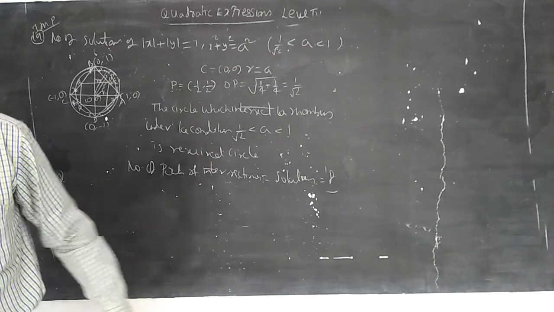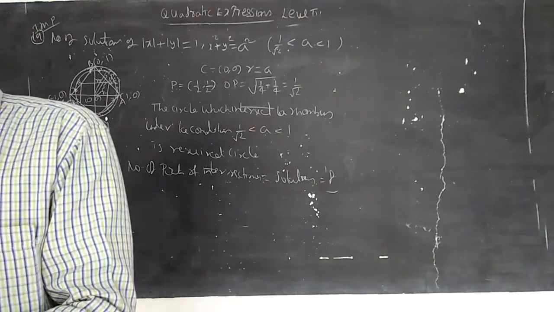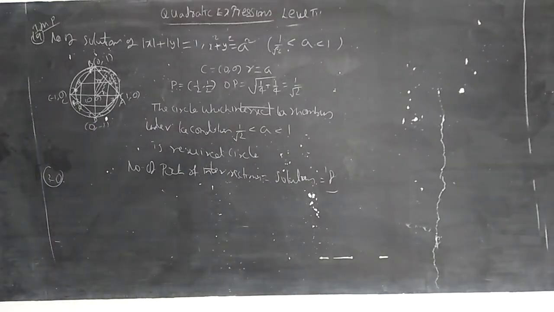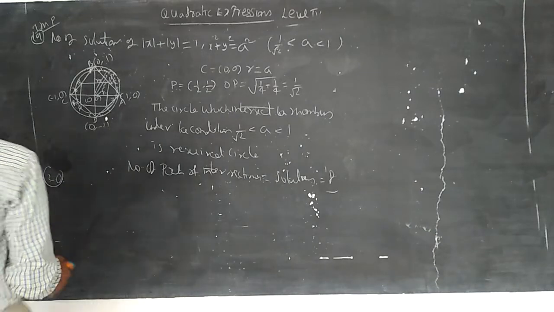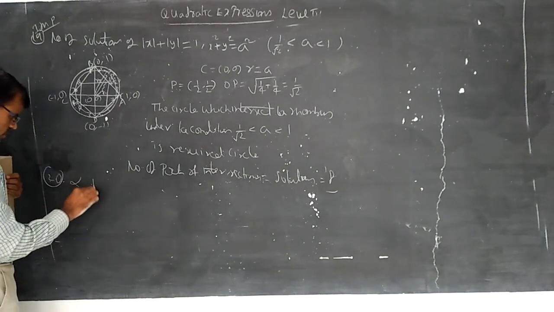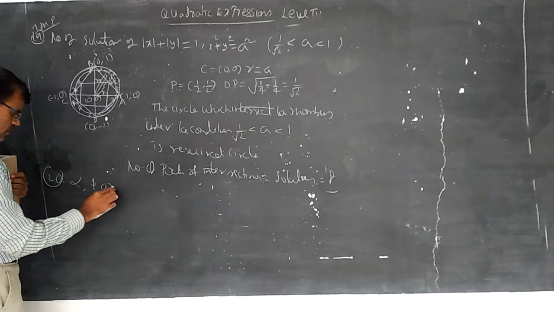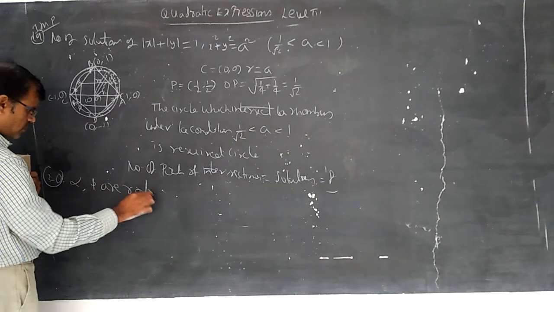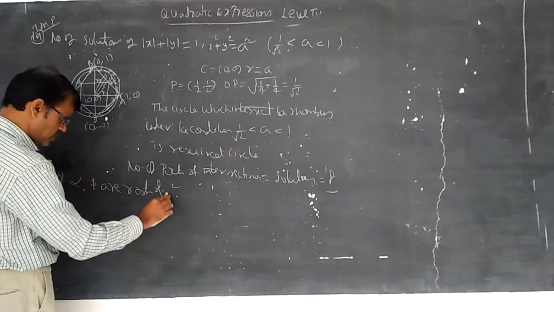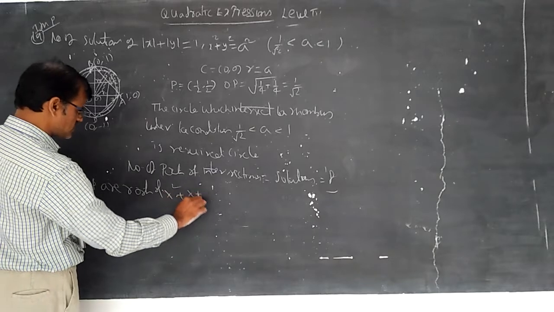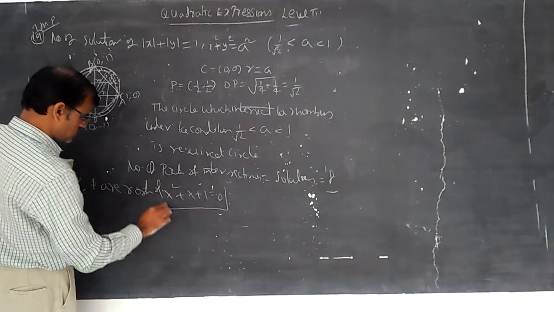Now the 20th question. According to matrices, this is also an MP question in matrices. Alpha, beta are the roots of x square plus x plus 1 equal to 0.